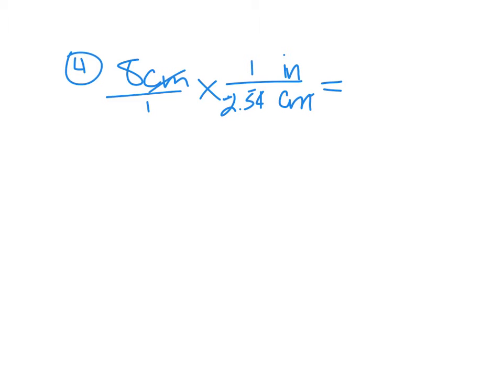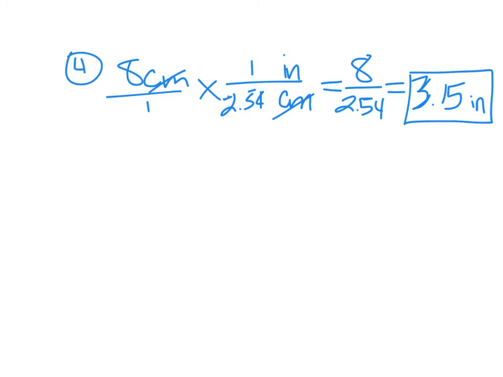So I can cancel my centimeters. I have 8 times 1 is 8 over 2.54. So somebody do that in their calculator to divide it. 3.15. What's my label? Inches. Very good. Any questions on these so far?